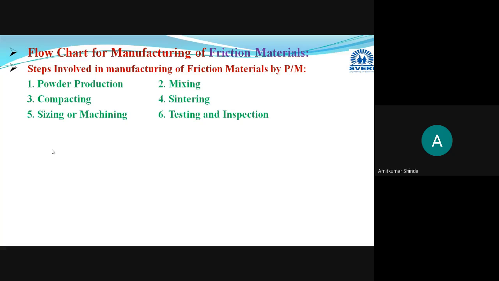Now, you have to mention the weight percentage here. In the powder mixture we are using, 90% by weight will be only copper and tin, and the remaining 10% will be of the other four powders: lead, graphite, silica, and iron.